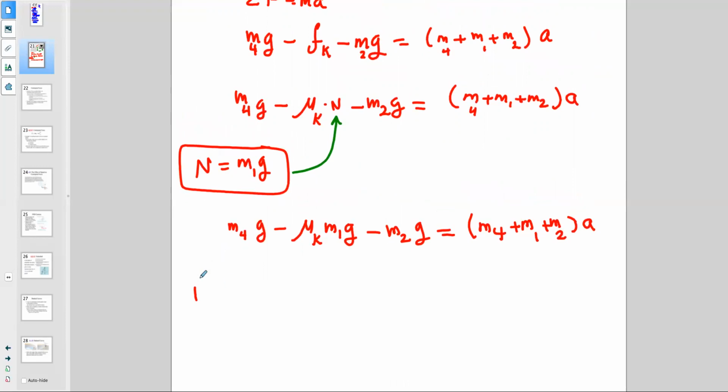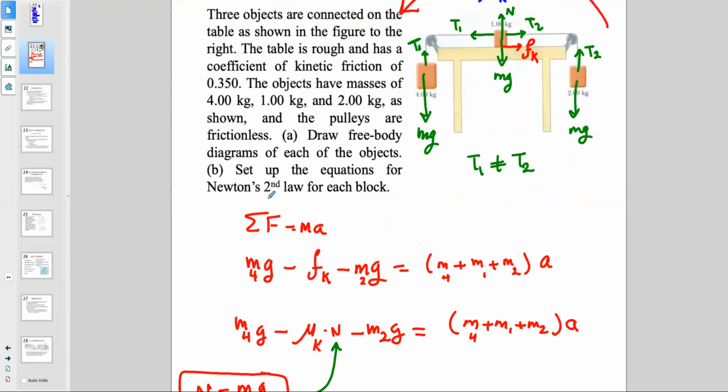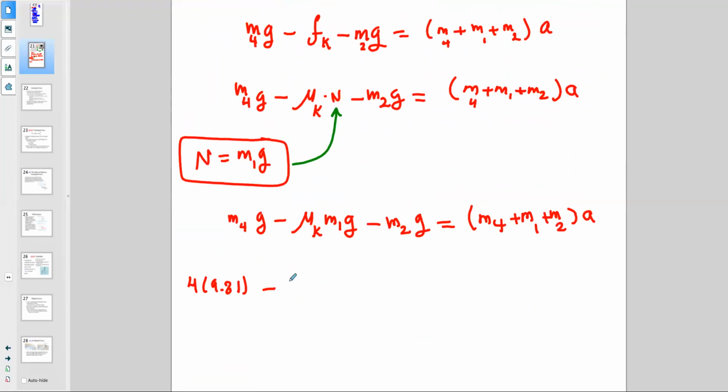So M4 is 4 kilograms. G is 9.81 minus mu k. It's given 0.35, right? So 0.35 times M1, which is 1 kilogram, times G, which is 9.81, minus M2, which is 2 kilograms. G is 9.81.